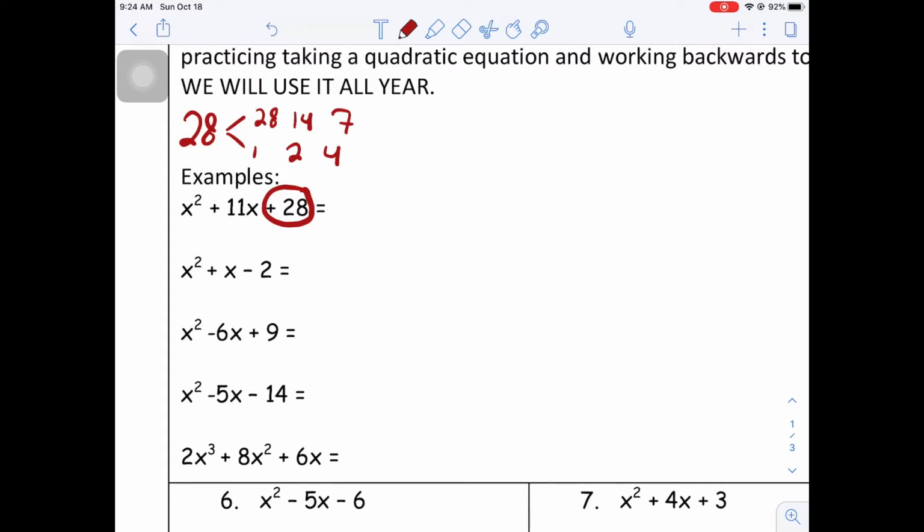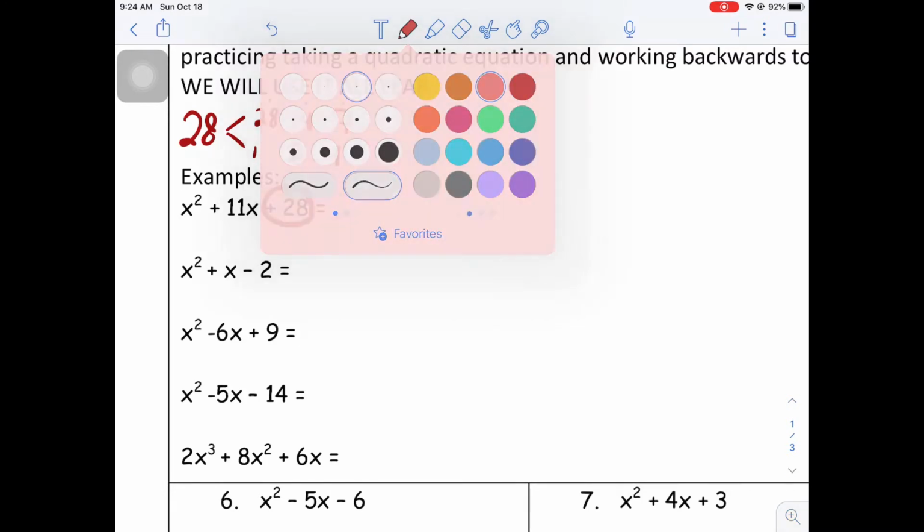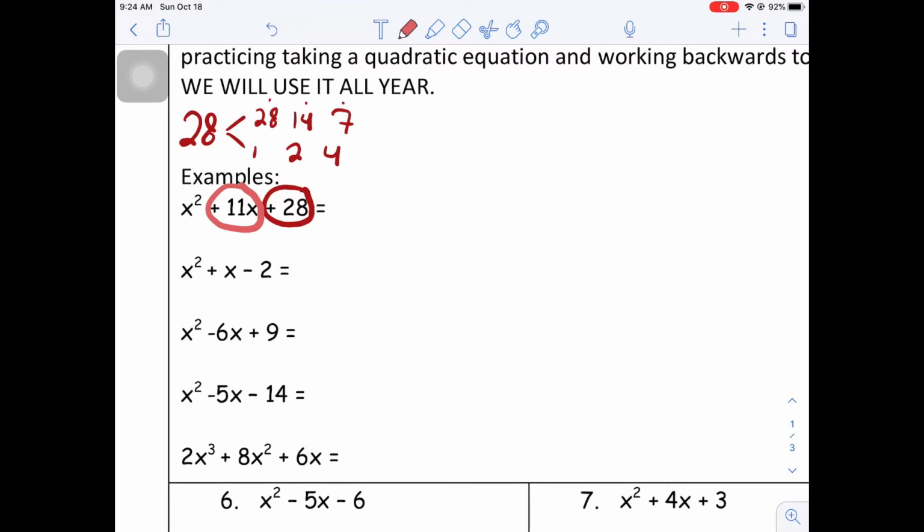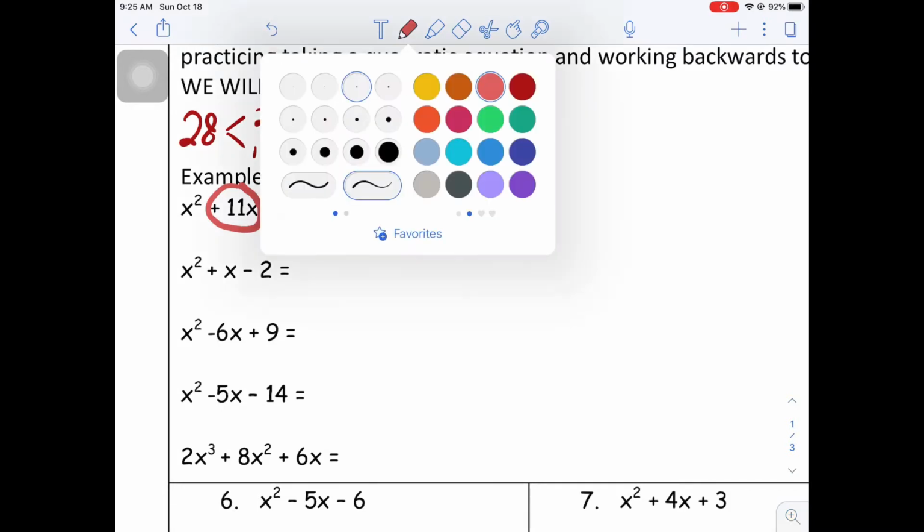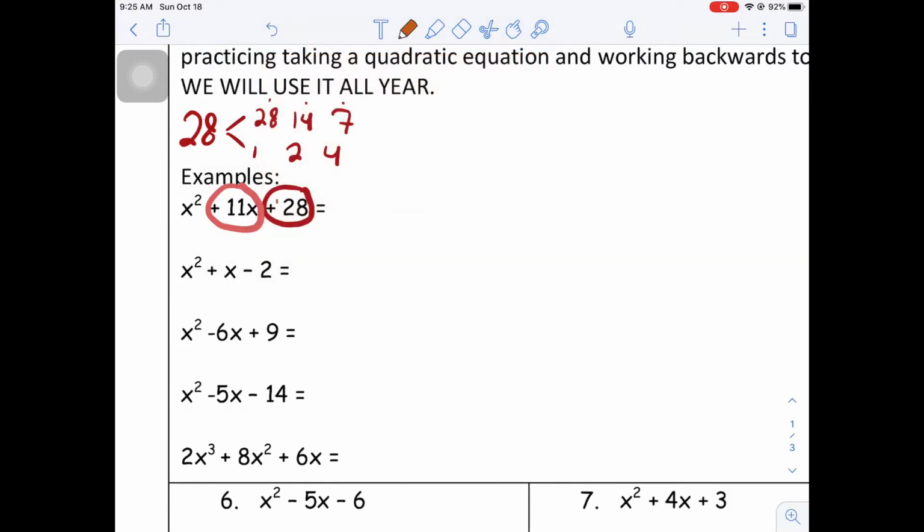So once we have all those factors, this is helpful because two sets of these factors have to add together to give us the middle term. Okay? Because the end term we multiply them, the middle term we add them. So, a couple other helpful hints here. You always want to look at this sign at the end. The sign at the end tells us what is going on in the middle.